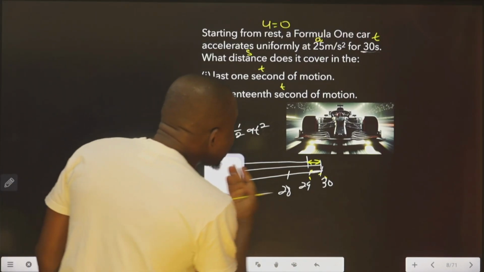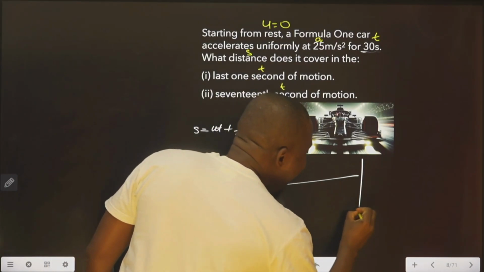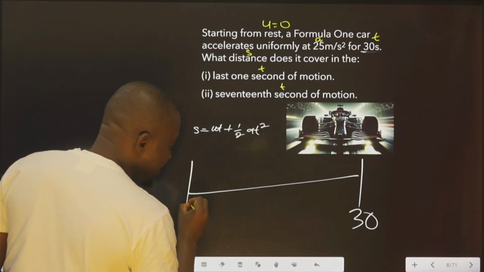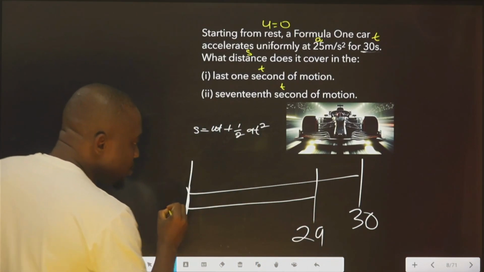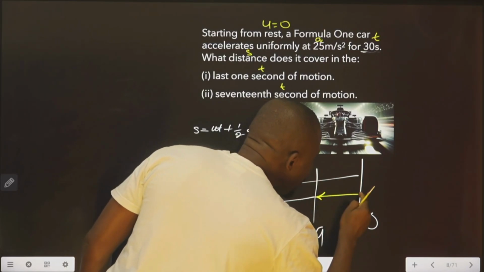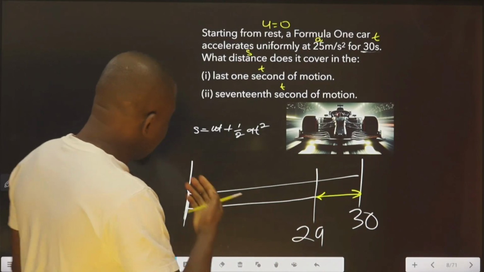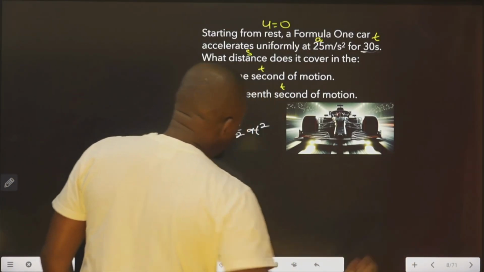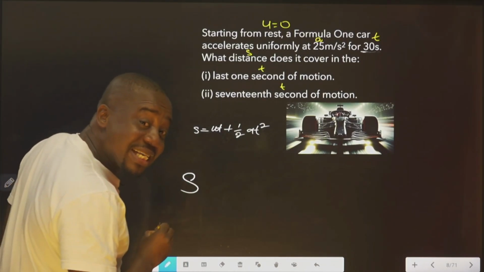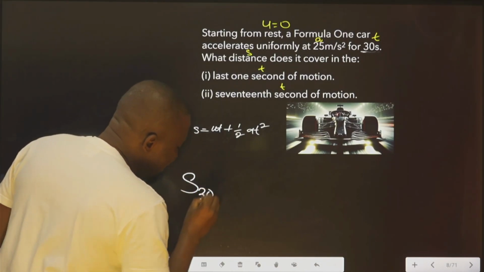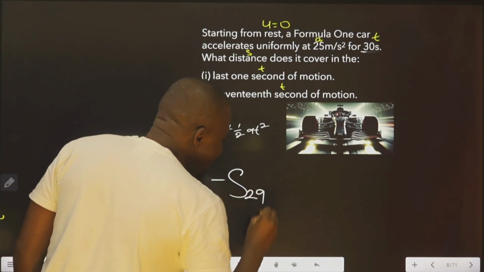Therefore, what we are looking for is the distance covered between 29 and 30. So the distance we are looking at is the distance at 30 seconds minus the distance at 29 seconds.